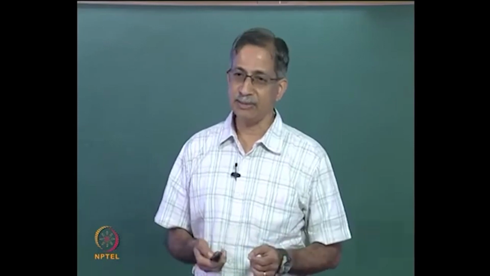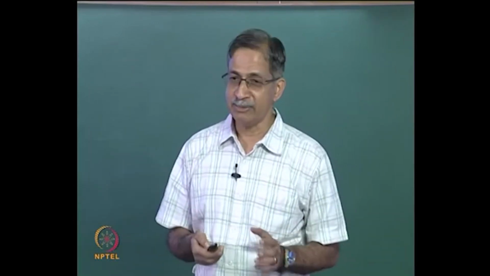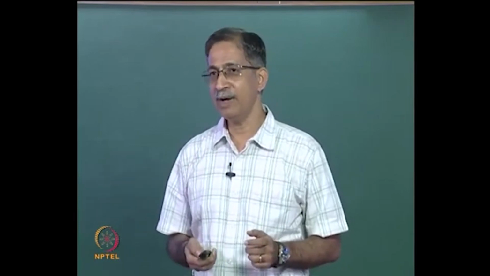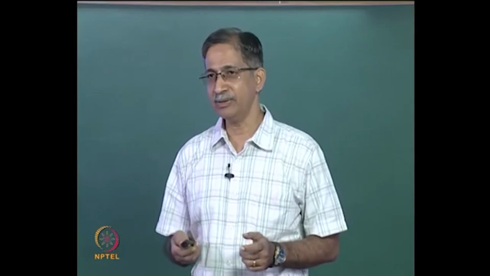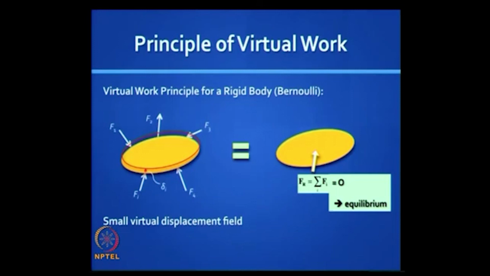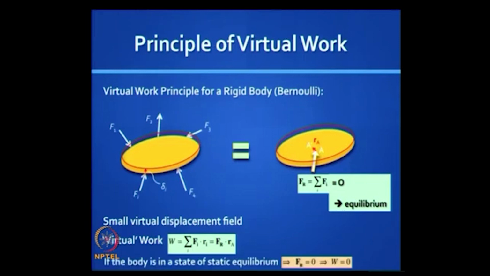It's an imaginary displacement, it's a virtual displacement, it's a displacement to be given in such a manner as to not disturb the force field, and if you find out the delta components, you have F1, F2, F3, F4, that is the change in position of the points of application of the various forces, and if you do a scalar product of all of them and add it up algebraically, you get the total work done on this body, and that total work done must actually, it's a dot product of the force and the displacement vectors, that must be equal to 0 if the body is in equilibrium. It easily follows from this.